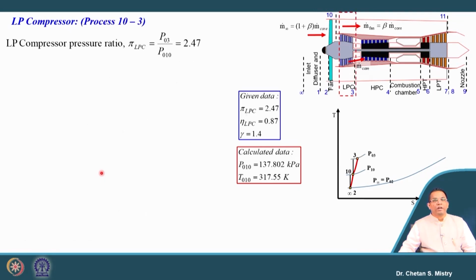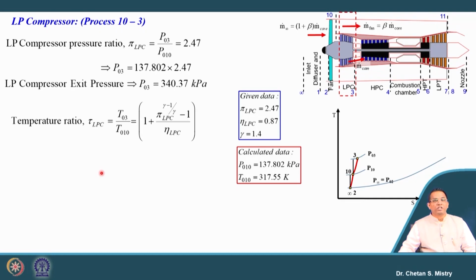Okay. Now, the next component we have is our LP compressor. For the LP compressor, the pressure ratio is given, it is 2.47. Based on that we can calculate the exit pressure from the LP compressor, it is 340.37 kilopascal. In the same way, based on our temperature relation, the temperature ratio is a function of pressure ratio and efficiency.